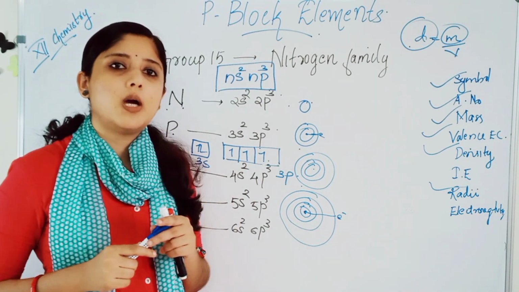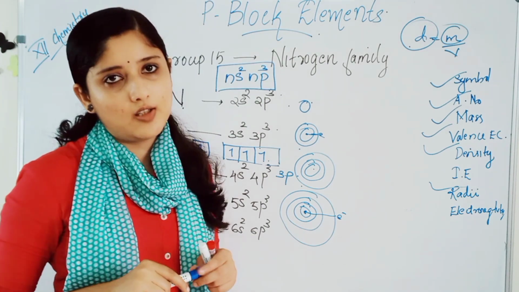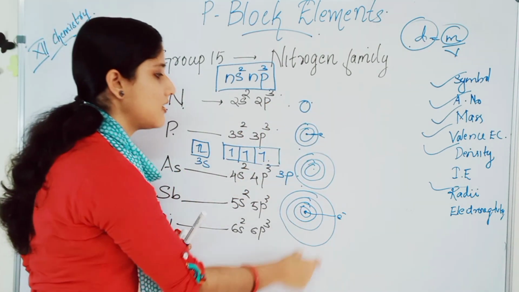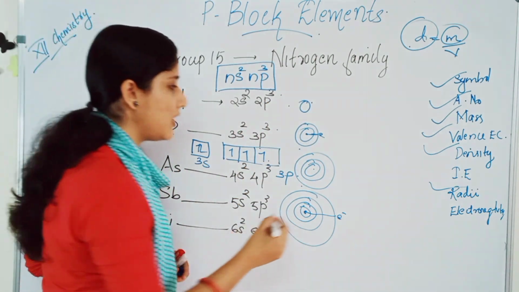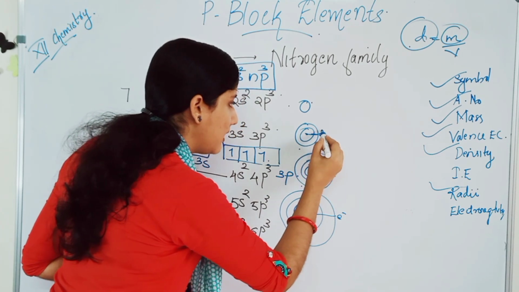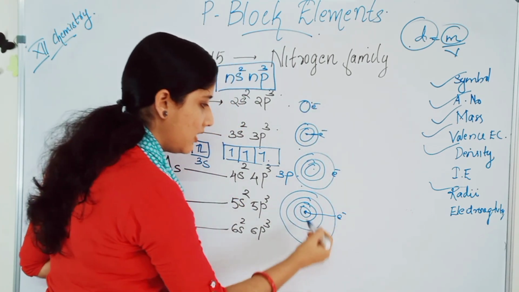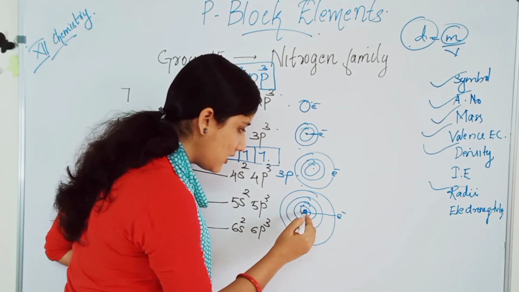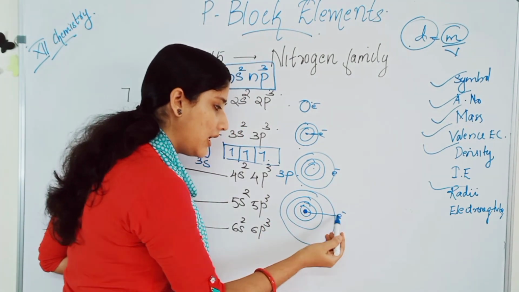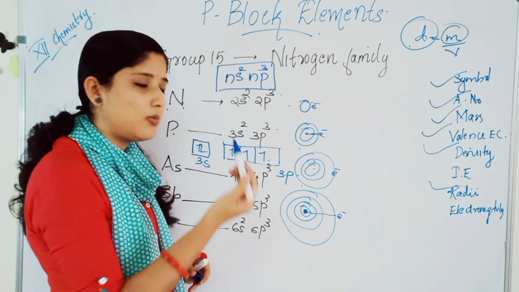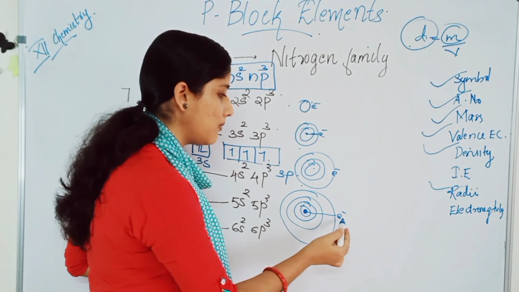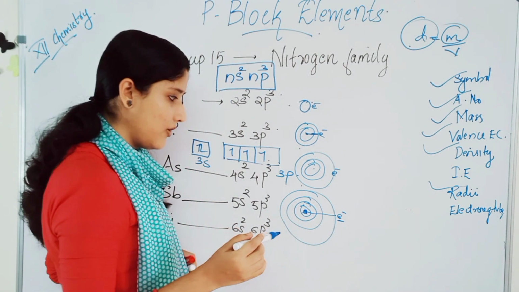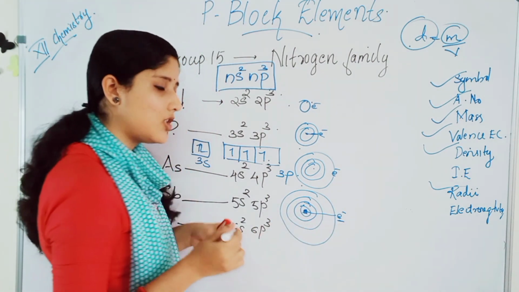From top to bottom, does ionization enthalpy decrease or increase? As the number of shells increases from top to bottom, the outermost electron will be away from the nucleus. When the distance increases, the force of attraction between the electron and the nucleus decreases.